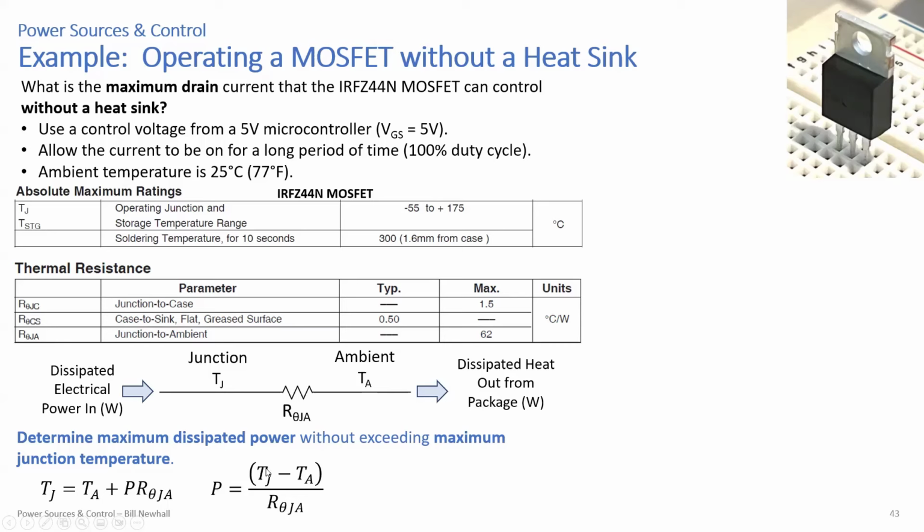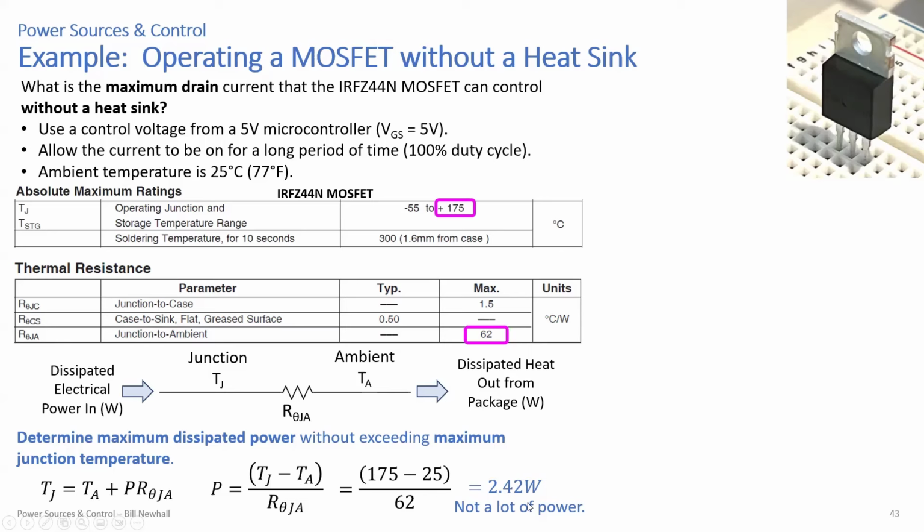So if you put those numbers in there, the maximum junction temperature, 175. Ambient temperature, 25. R theta JA, 62 degrees C per watt. You get 2.42 watts. That's not a whole lot of power, right?